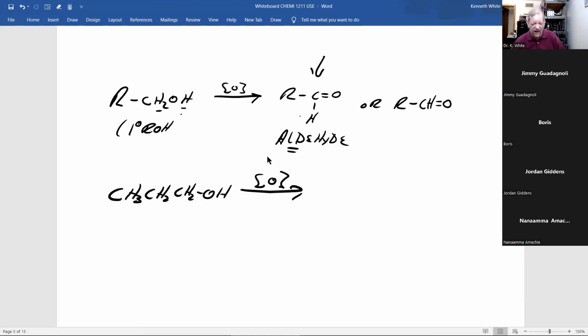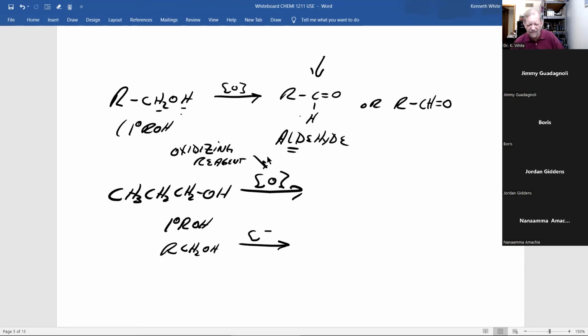Now, what do we have here? A primary alcohol. What's this? An oxidizing reagent. If you take a primary alcohol and you oxidize it, this carbon with the hydroxyl group will be this carbon double bonded to oxygen.